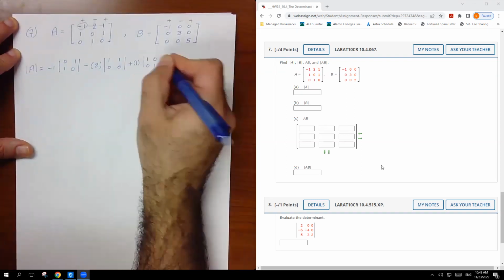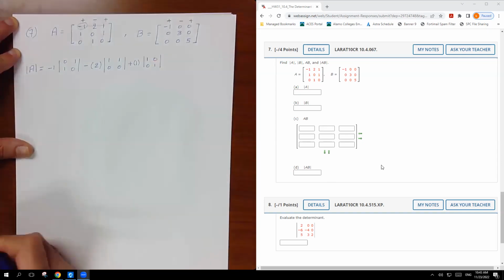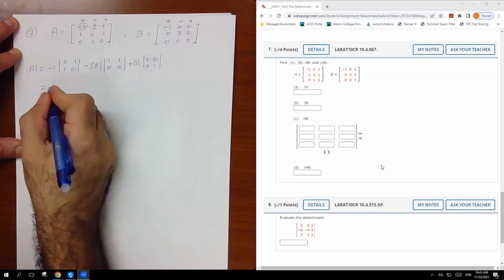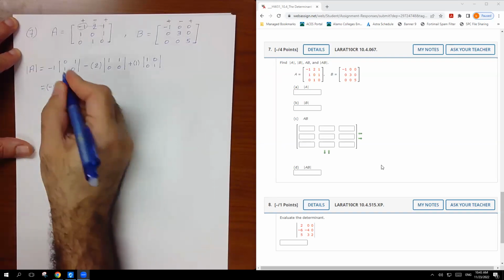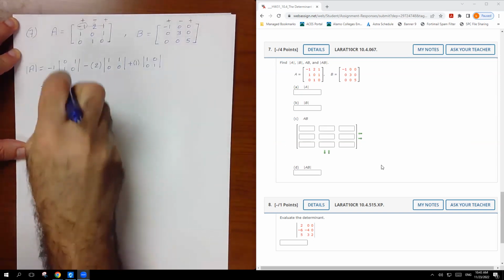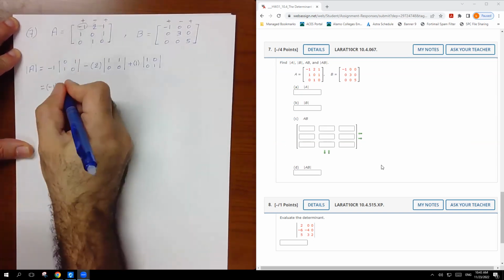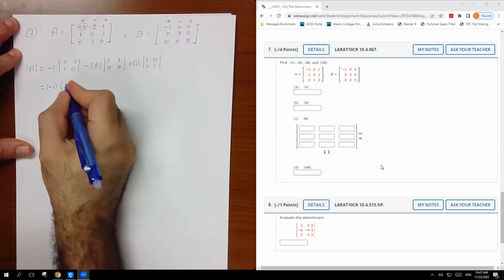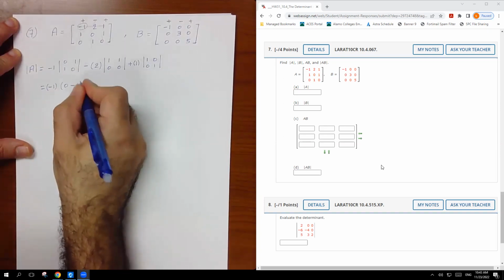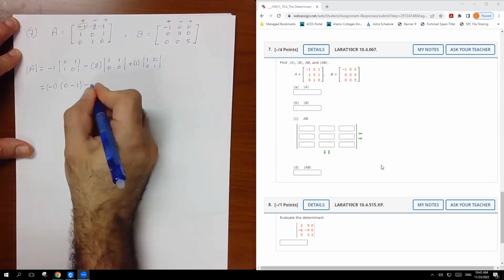0, 1. So now, next step, we're going to say here is -1. I'm going to find the determinant for this matrix, which is, I don't have to put this line anymore. 0 times 0 is going to be 0, minus 1 times 1 is going to be 1. Minus, here's 2.